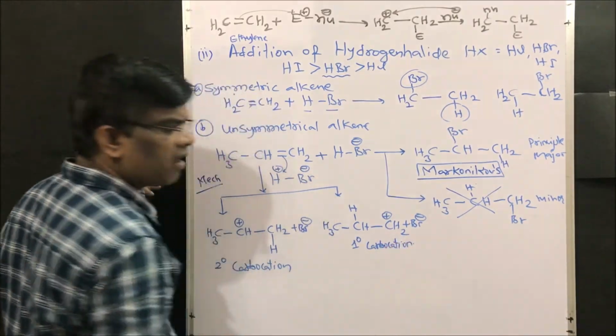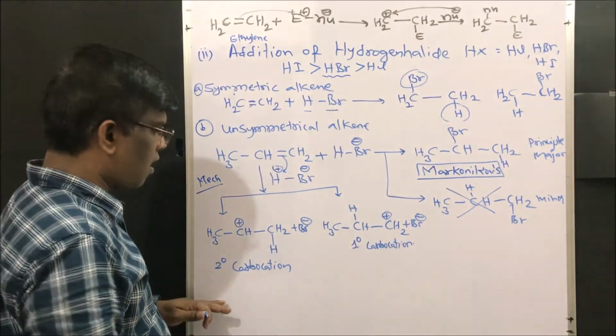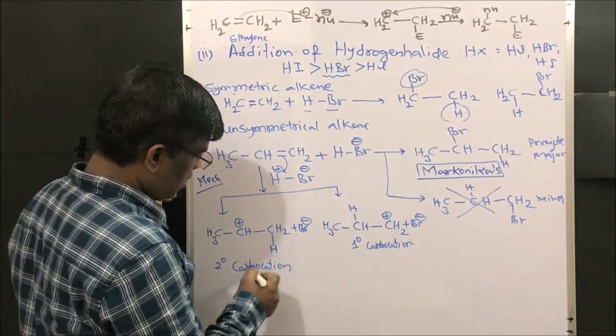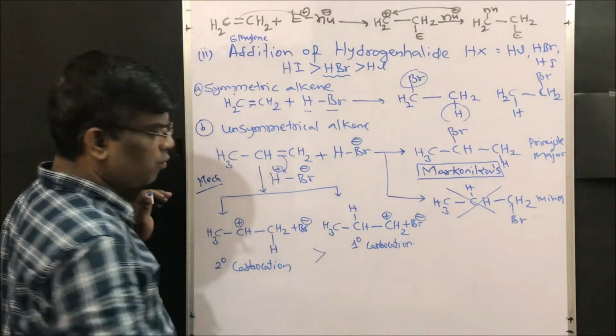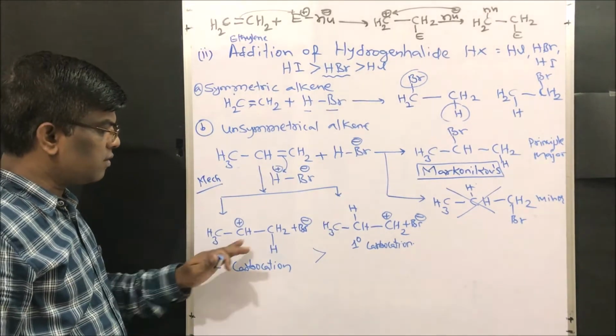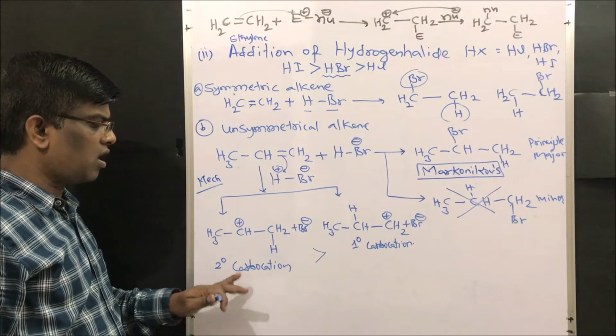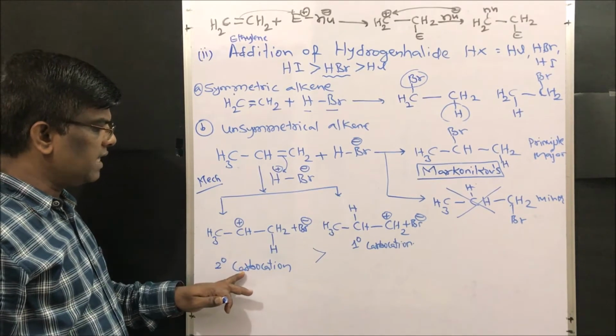I have already explained the stability of carbocations. Among secondary and primary carbocations, the secondary carbocation is more stable. So this more stable carbocation will be formed in a major amount, or it forms very easily.